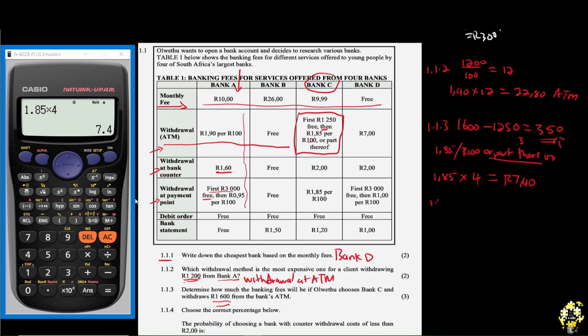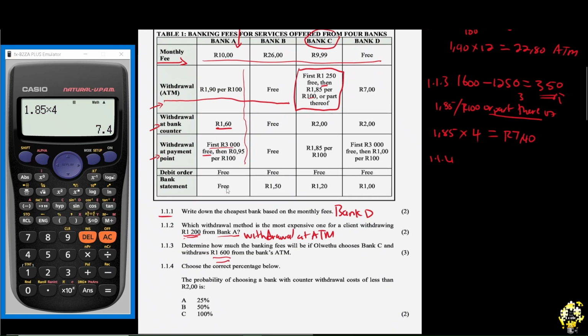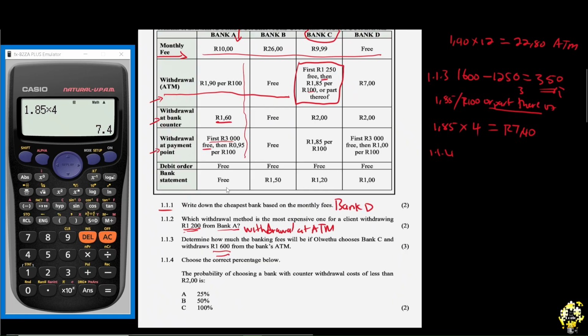What about 1.1.4? Choose the correct percentage below. So I suppose we have to go down. Yes, here are our percentages. The probability of choosing a bank. And again, if you still do not understand how to do probability, I made a video separately, exclusively for you, that details everything that has to do with probability.